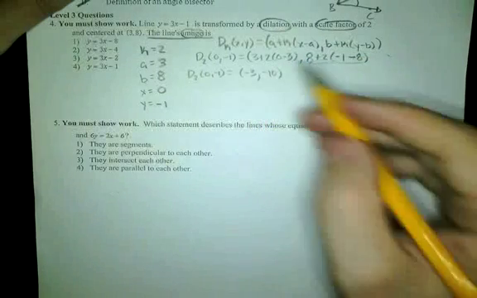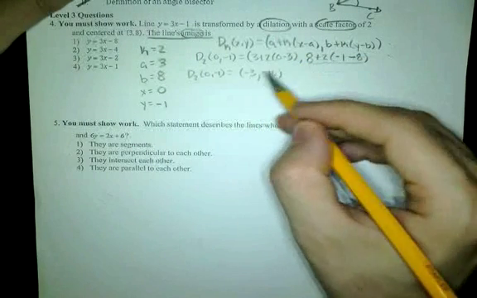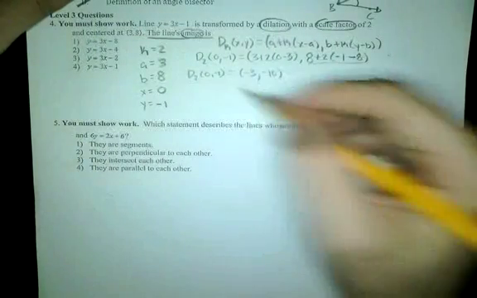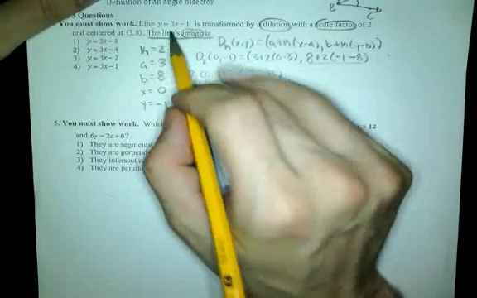So this is a dilated point now that exists on the line that is the image after a dilation.